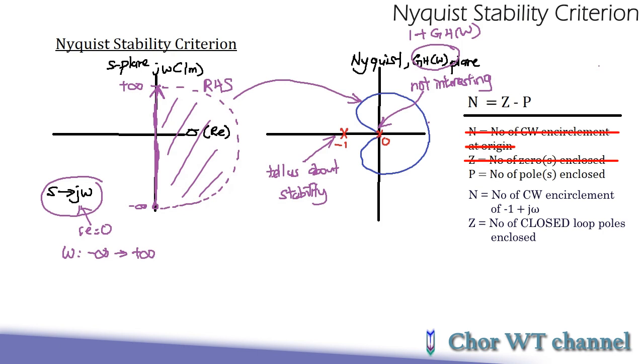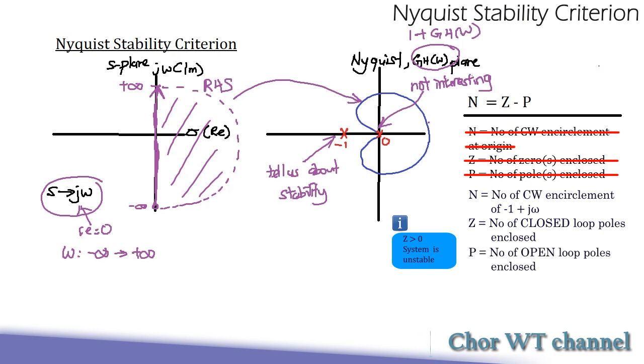Hence, the number Z actually tells us whether the system is stable or not. If Z is greater than 0, then the system will not be stable. While P will be the number of open loop poles, since the poles of 1 plus G H(s) are equivalent to the poles of G H(s).